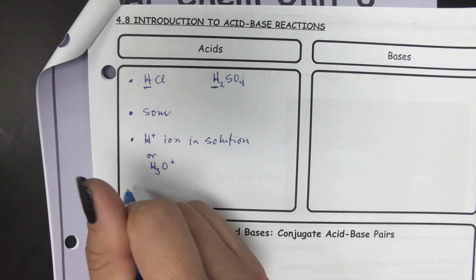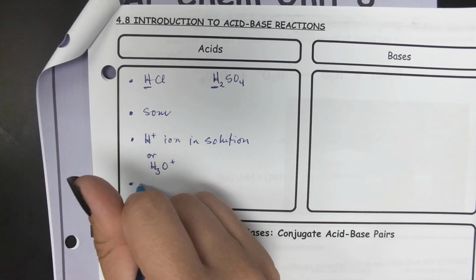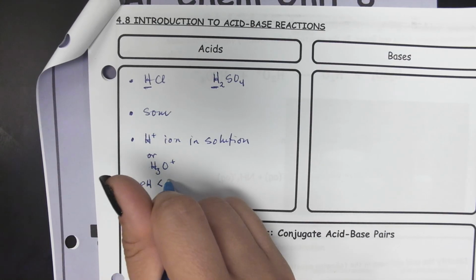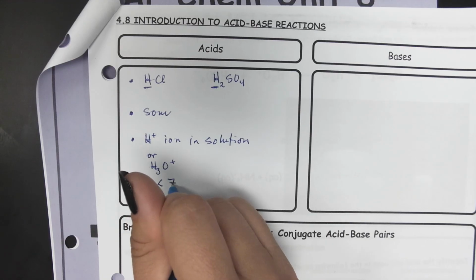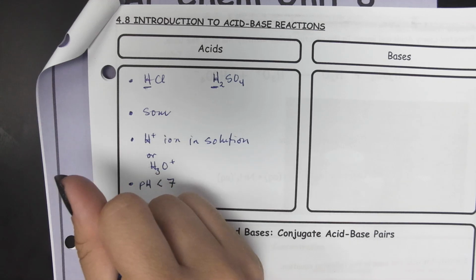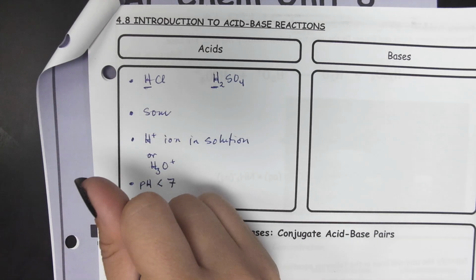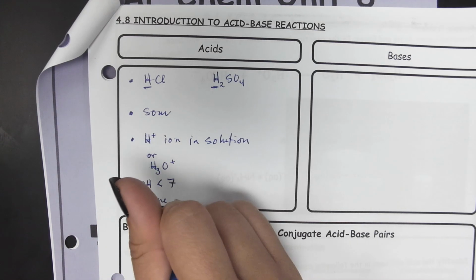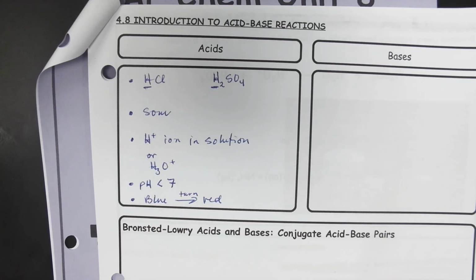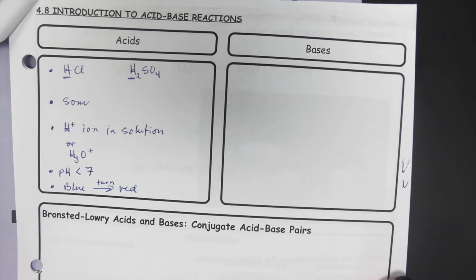Other things that I need you to know about acids: they have a pH that is less than 7. And if you take a drop of an acid and put it onto litmus paper, it will make that blue litmus paper turn red.